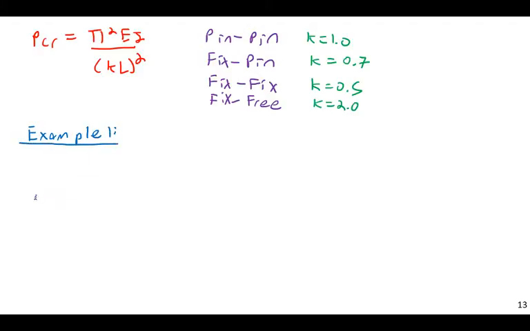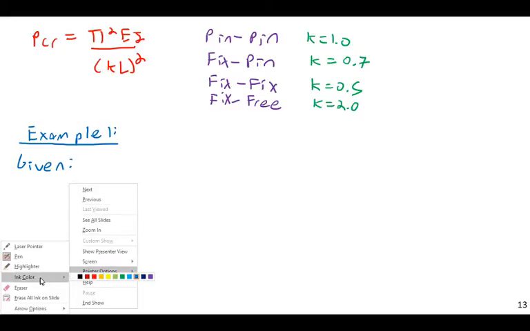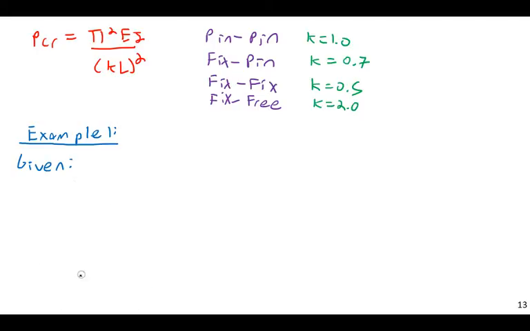And let's say I'm given a whole bunch of information about a column. I'm going to select the most economical wide flange section. Say L equals 20 feet, sigma y is 36 KSI, P equals 125 kips, factor of safety for buckling is 2.0.